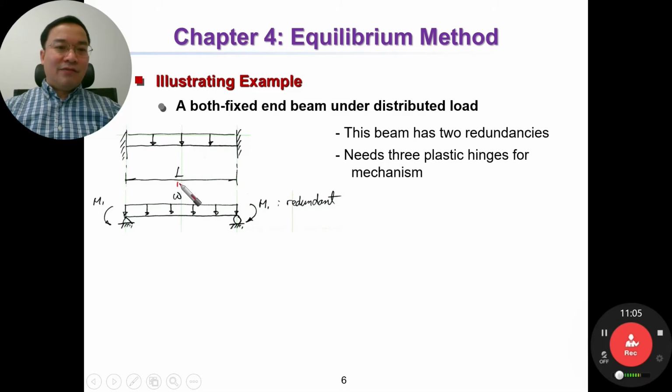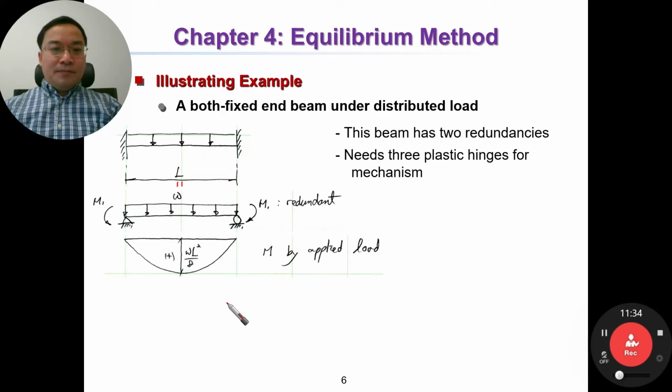Then we have a structure similar to a simple beam with redundants. So this beam now becomes a simple beam with redundants.